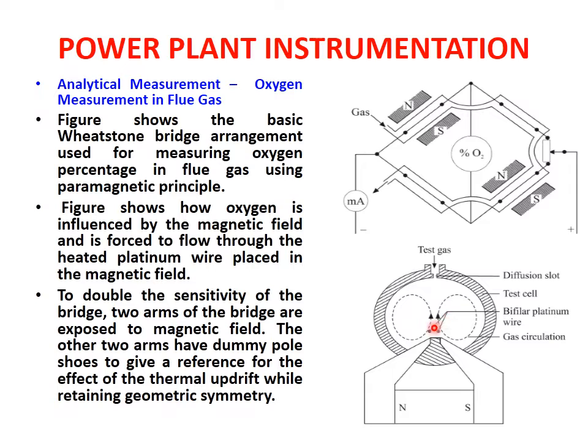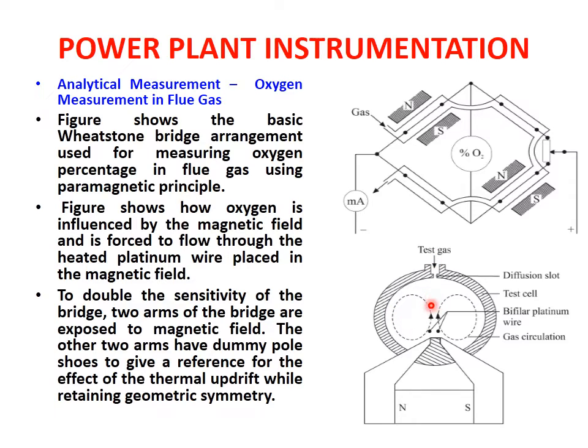This outer probe is known as the test cell. And these two parts are the platinum wires, one at the hotter junction and the second at the cold junction, and this is the way in which the gas is circulated at the inside part of the test cell.